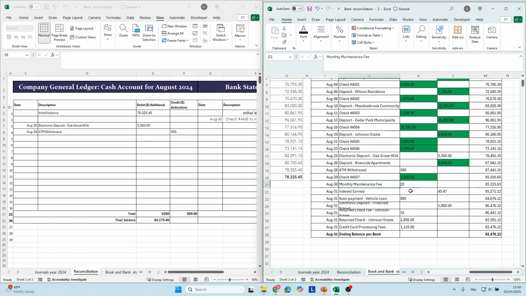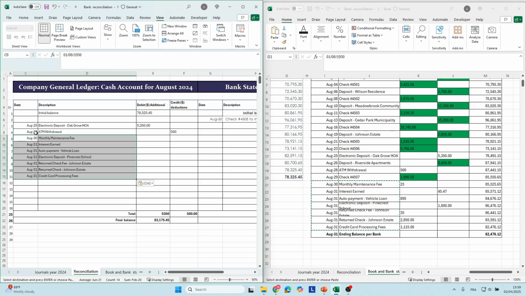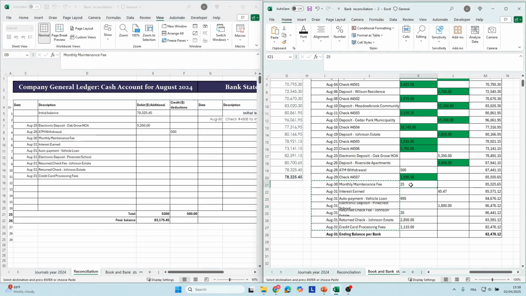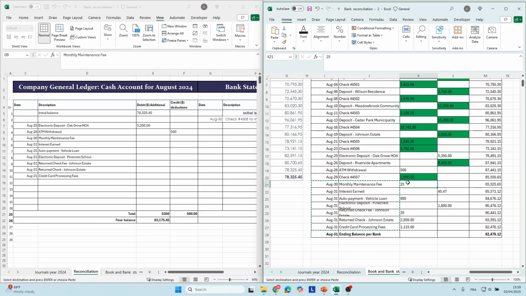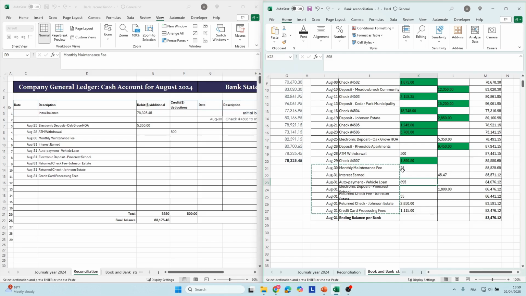Then we continue with the remaining transactions. So copy paste to make it easy. We bring all the dates and descriptions. Then we take amounts one by one. The first one we have is 25. This is a withdrawal. We said that a withdrawal is the cash out, so we need to put it on the credit side for our case.